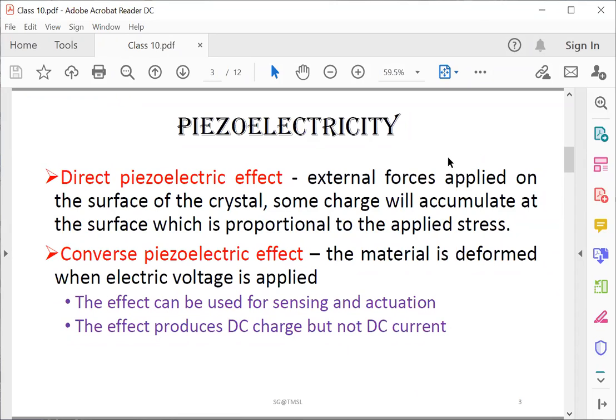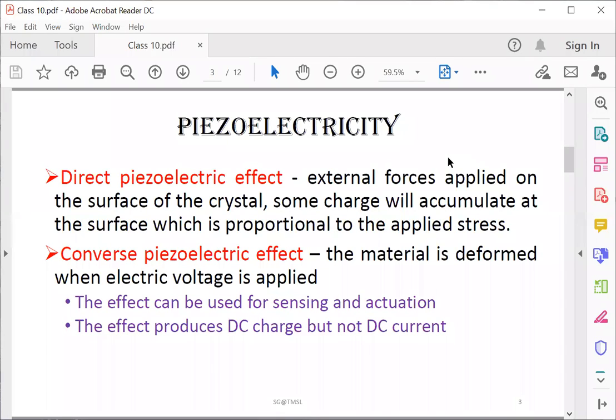So the piezoelectric material can be used as a micro sensor, then it is a direct piezoelectric effect, or it can be used as an actuator when you are talking about some micro actuator purpose. You are taking help of the converse piezoelectric effect. Okay, so different micro actuators can be made using this concept.